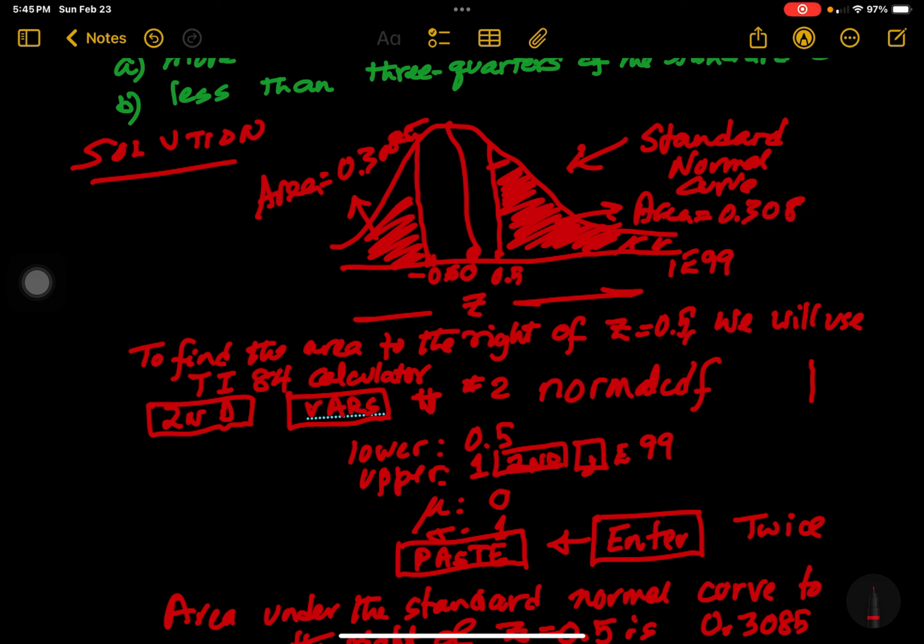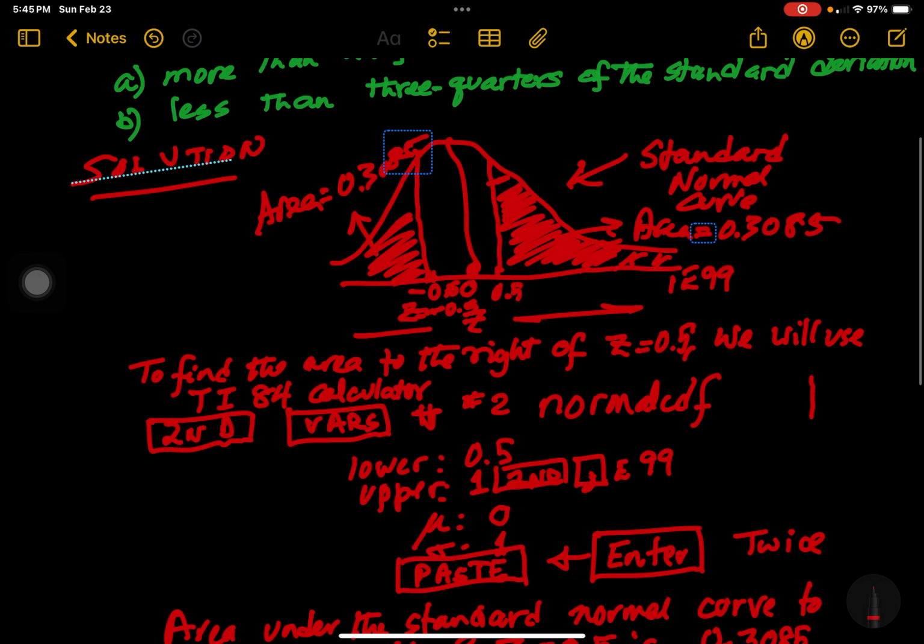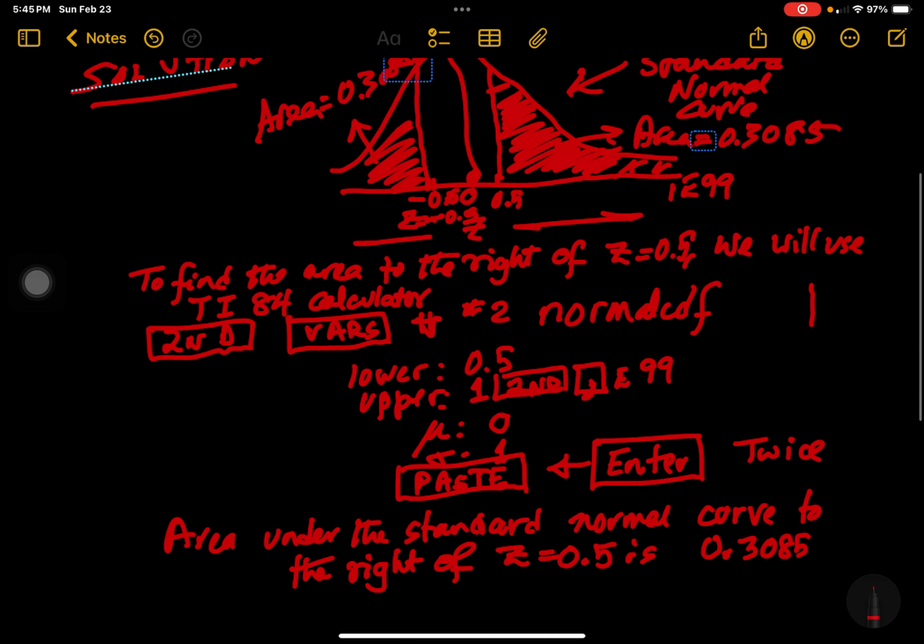Why do we need the area to the left of z equal to minus 0.5? We need the area to the left of z equal to minus 0.5 as well as the area to the right of z equal to 0.5, because these two added together will answer part A, more than half the standard deviation. It can be more than half the standard deviation on the right and more than half the standard deviation on the left.